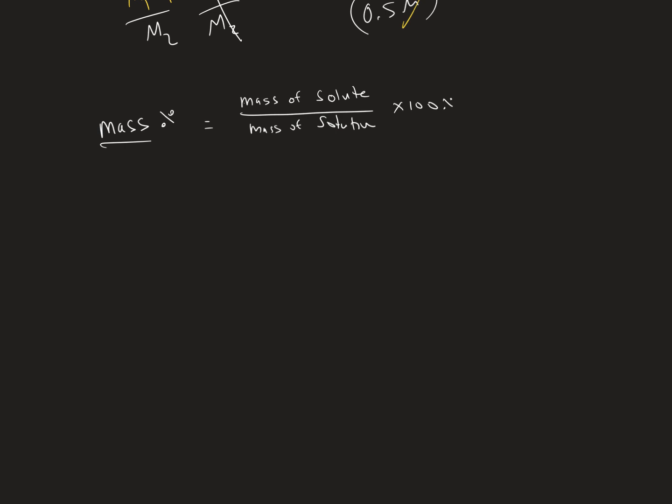So an example of this is bleach. Bleach is 7.4% by mass of sodium hypochlorite. Sometimes they write it a little bit differently than that, but I don't like to.